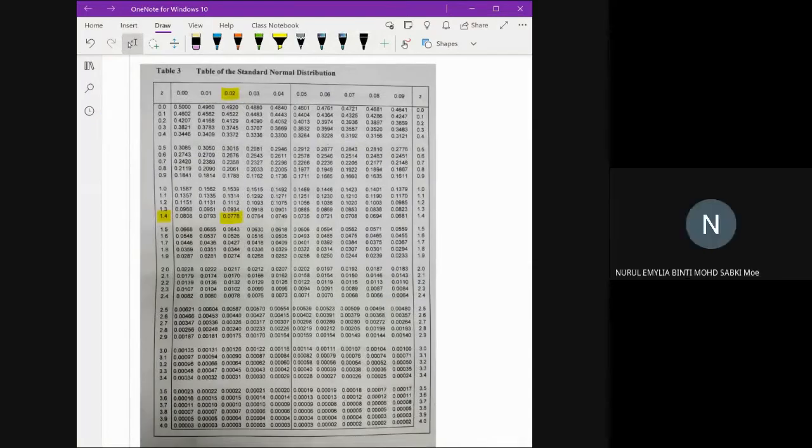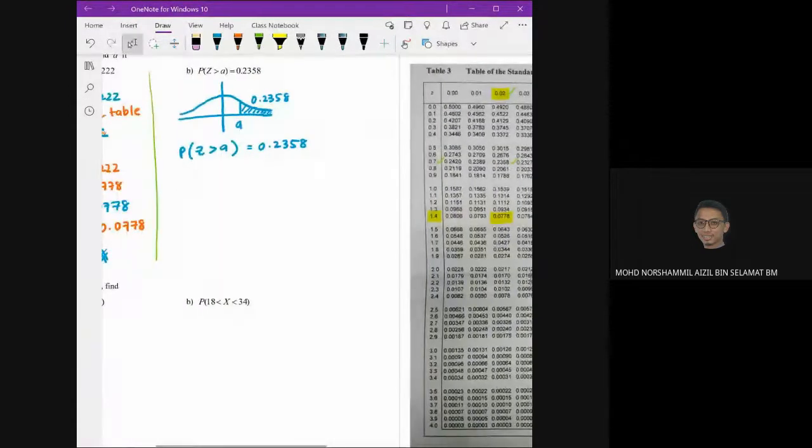So where is it? 0.2358. Be careful, 0.7, but it's also here, 0.72.